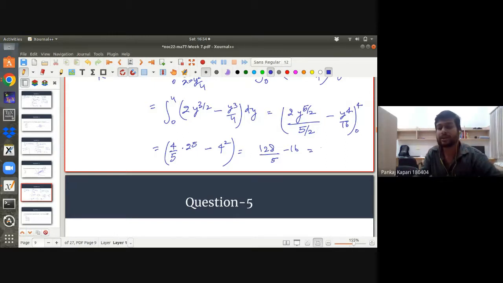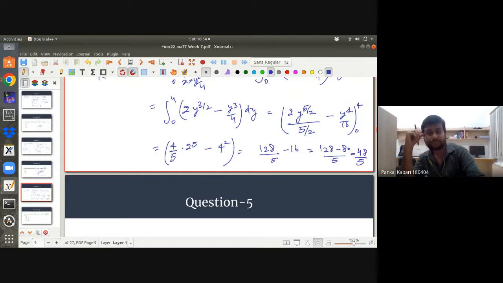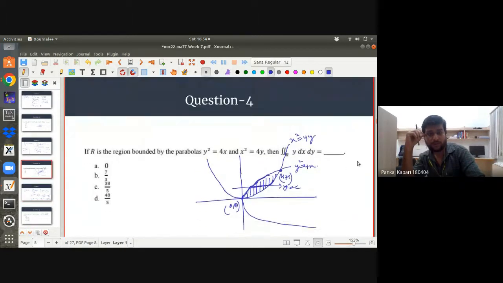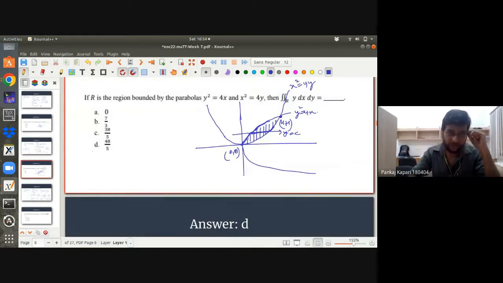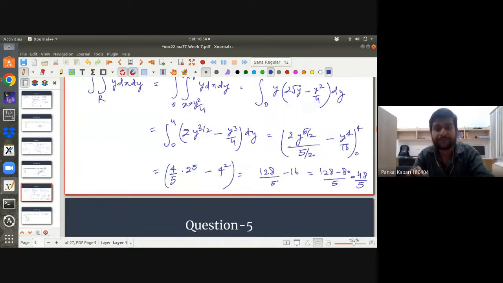So 128 minus 80 divided by 5. What is the answer? It's 20 plus 28, which is 48 by 5. Yes, so here answer D is correct.